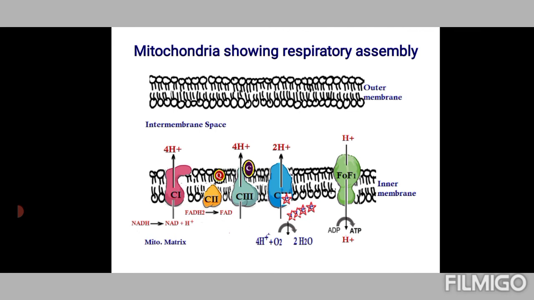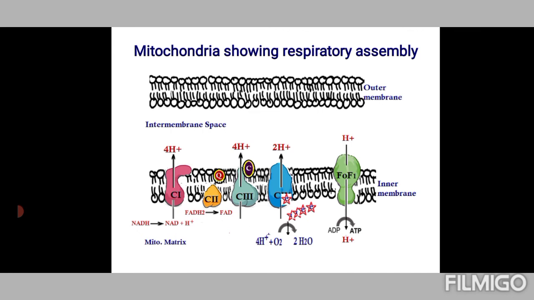So the H plus is taken from the matrix, 4 of them. Here only cytochrome A3, which is part of complex 4, can react directly with oxygen. Also note that any kind of partial transfer of electrons to oxygen will result in production of hydrogen peroxide or superoxide free radicals that can damage membranes and vital organs.